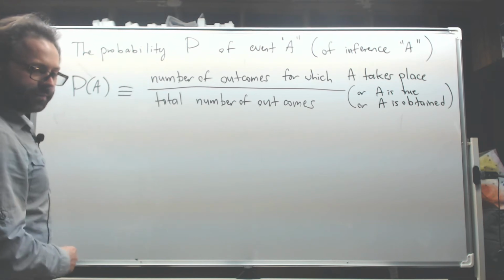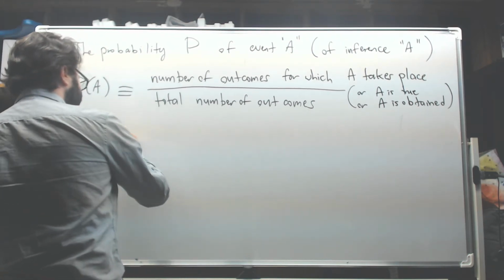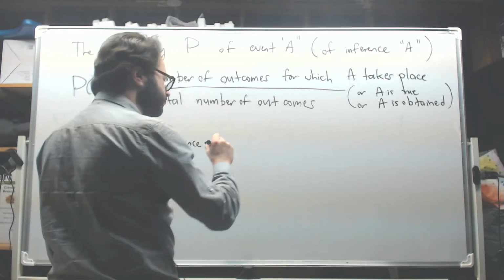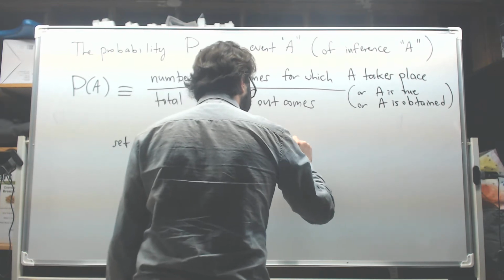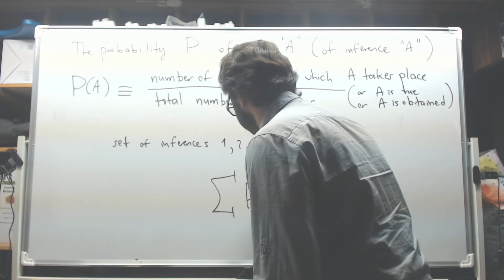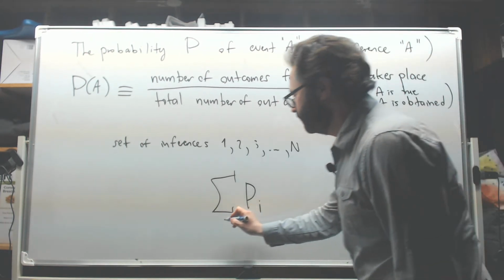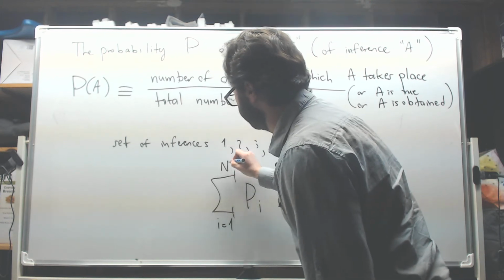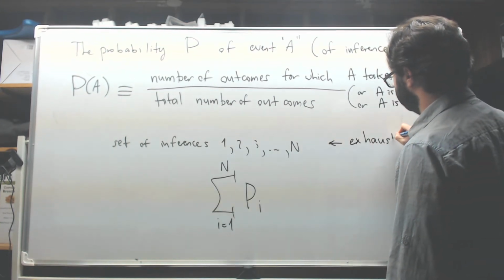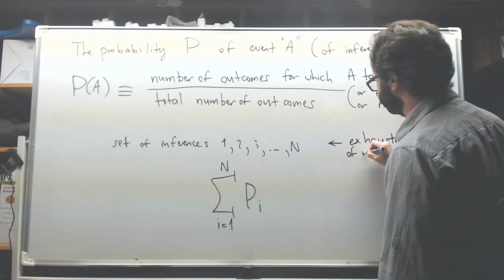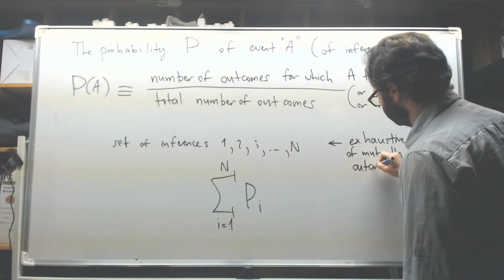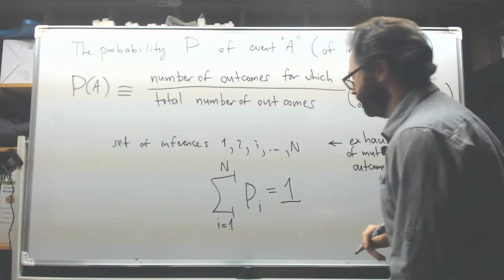In a more abstract way, if you have a set of inferences that you can number 1, 2, 3, all the way to n, we say that the sum of the probabilities for each inference labeled with the i, where i is an integer in this case that goes from 1 to n, if this is an exhaustive set of mutually exclusive outcomes, this quantity is equal to 1.